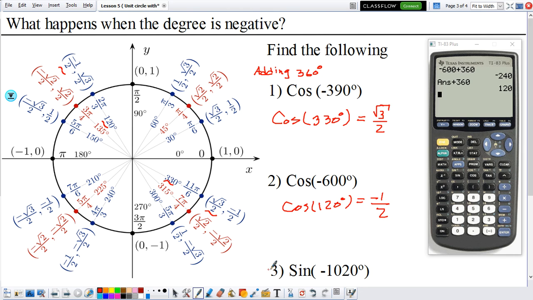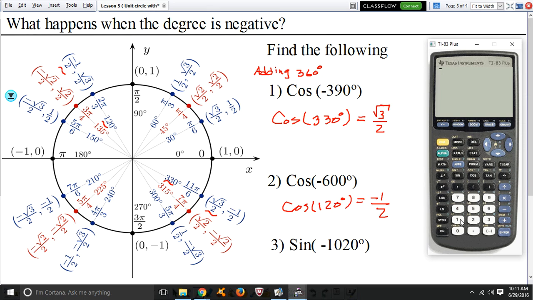So lastly, let's look at the sine of negative 1020. It's negative, so I want to make it positive. So 1020 plus 360, and you keep adding circles until it is positive, and each circle has 360 degrees, so that's why I'm adding 360.